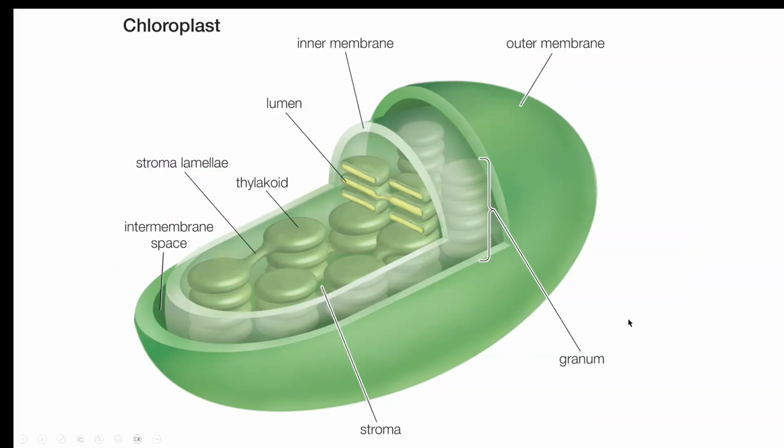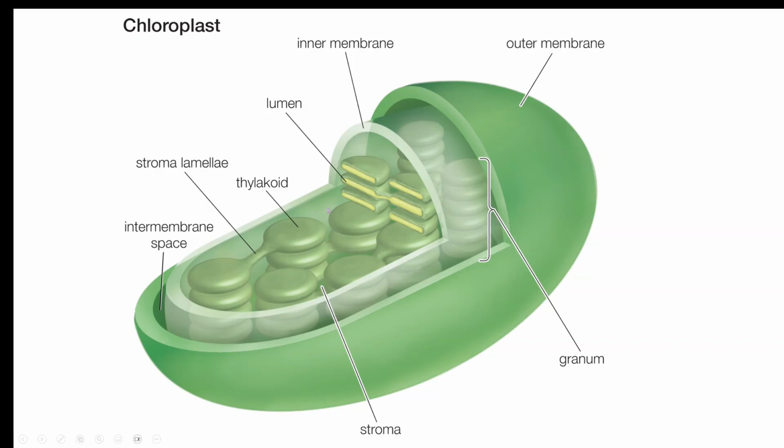All right, we're going to zoom in on one of those chloroplasts and take a look at the inside of the chloroplast. We did talk a little bit about the chloroplast in Unit 2 and how it's an energy organelle. Just to review the anatomy of the chloroplast, you have the outer membrane, and then an inner membrane space right between the outer membrane and the inner membrane. Inside of the inner membrane, you have a space called the stroma.